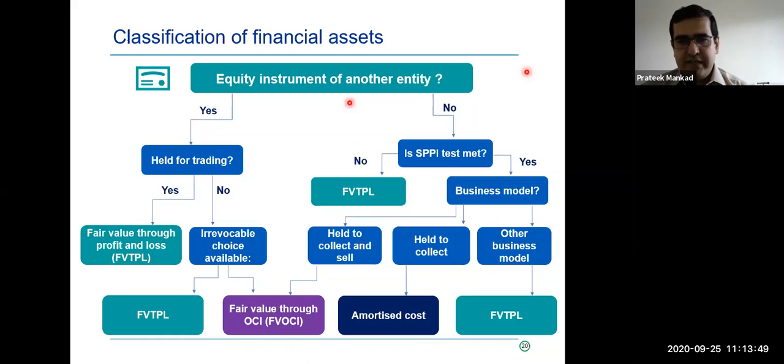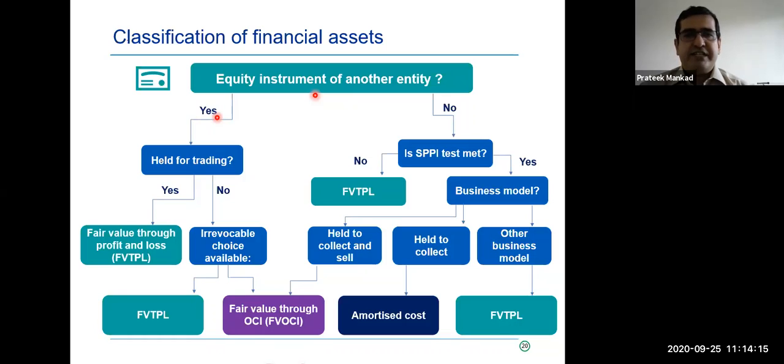Let's pause for a minute. I will once again take you through the flowchart. I think there are a lot of questions on the chat box. If everyone is settled down, let me just take you through the flow again. First question, you are an investor. You have invested in equity shares of a company. Go back to the definition of a financial asset.